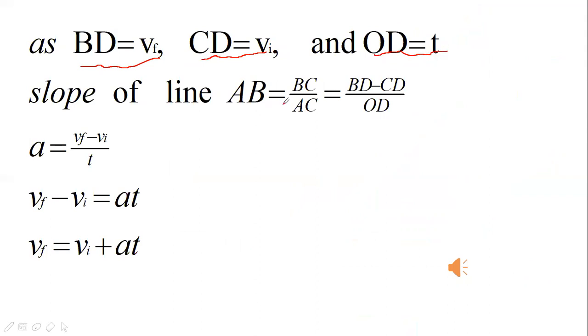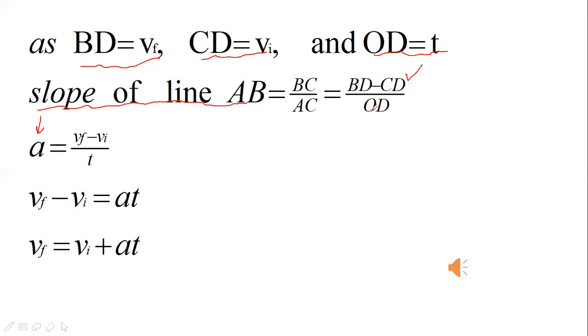The slope of line AB will give you the acceleration. BC is equal to BD minus CD. I have written it for you in the first slide.